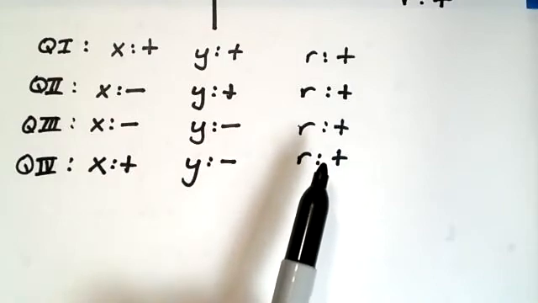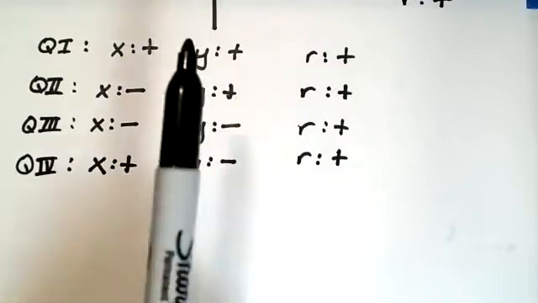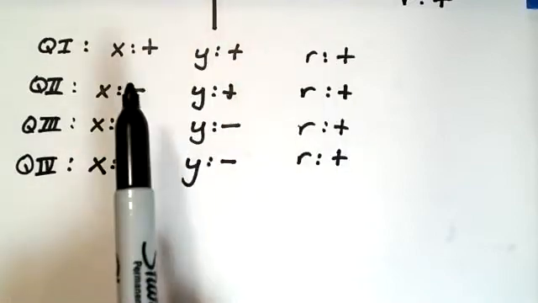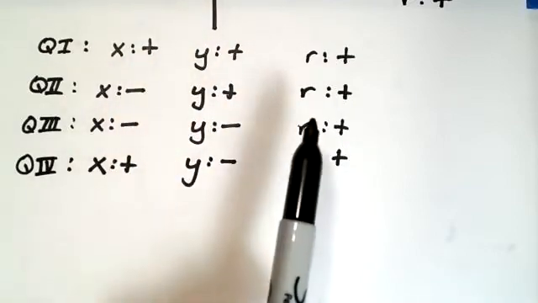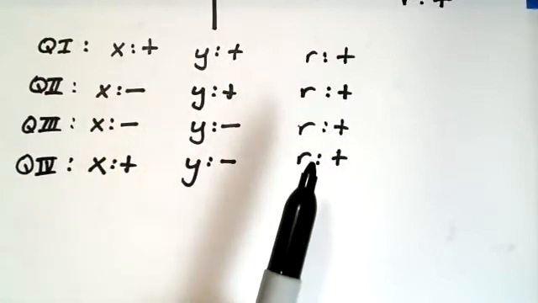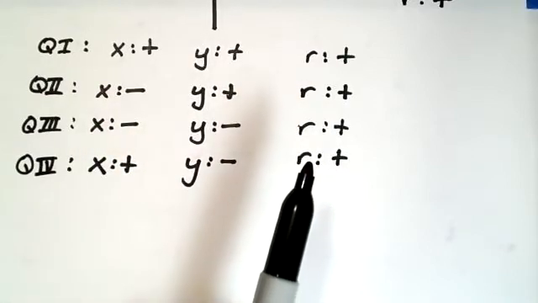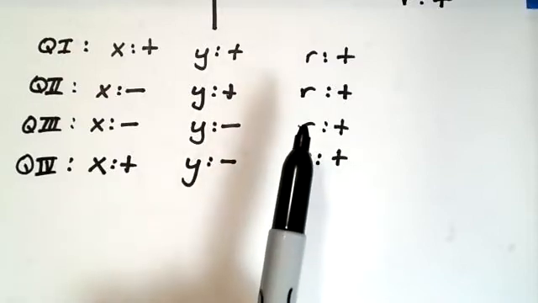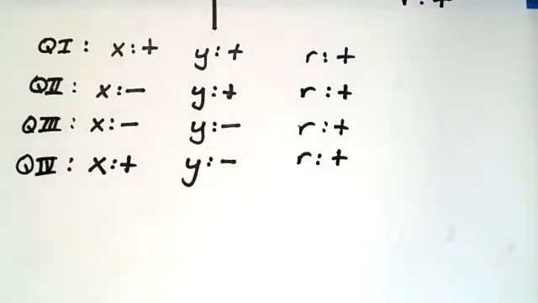What about cosine? Cosine is x over r. So it's positive in quadrant 1, negative in quadrant 2, negative in quadrant 3, positive in quadrant 4. Okay. What about the reciprocals? For any function, if it's positive, then its reciprocal is also positive.